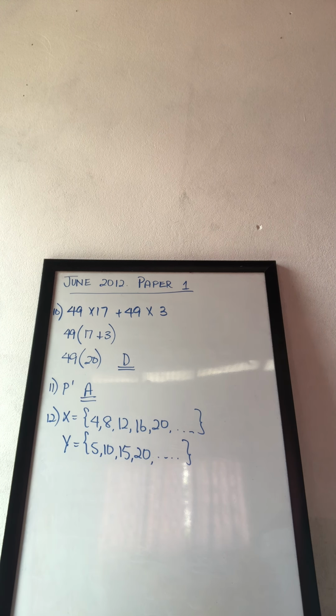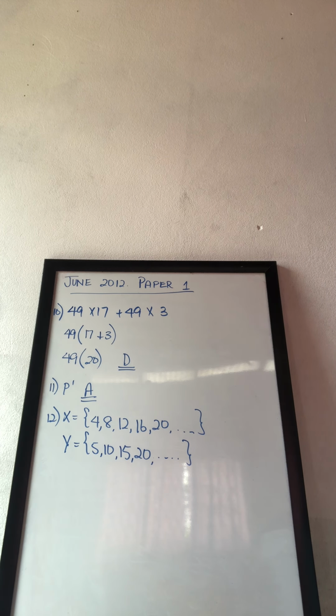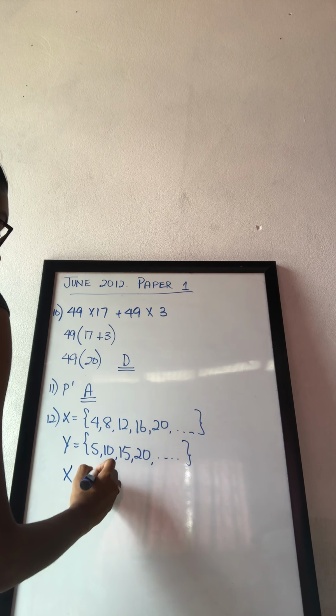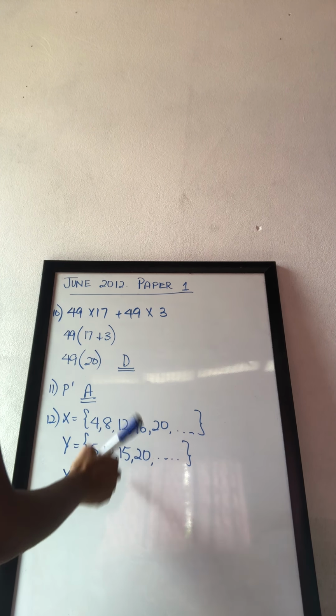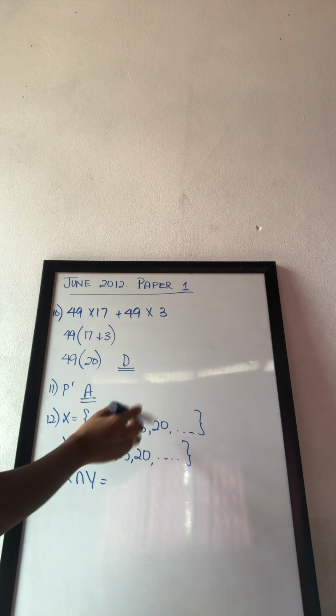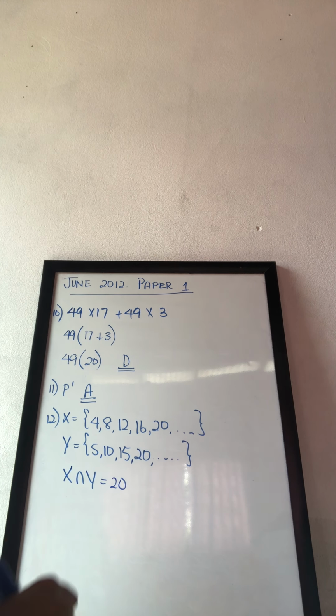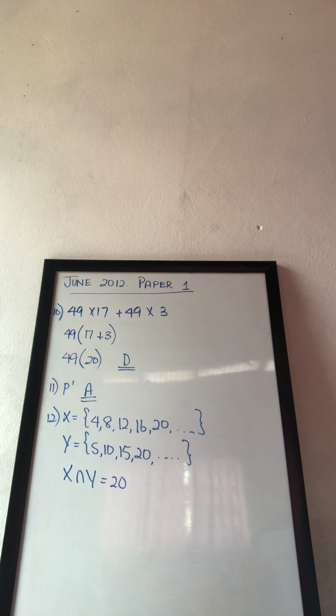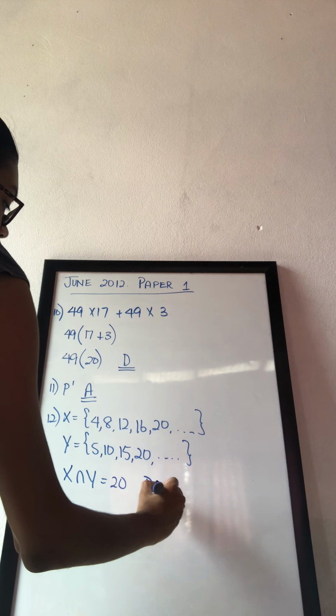The shaded region represents the set of all multiples of, okay, so the shaded region there, we could see that is x intersect y. From these two sets, we could see that we do have 4 common to here, 5 not common to there, 8, 10 not common, only 20. Right? So the shaded region represents the set of all multiples of 20, which would be D.